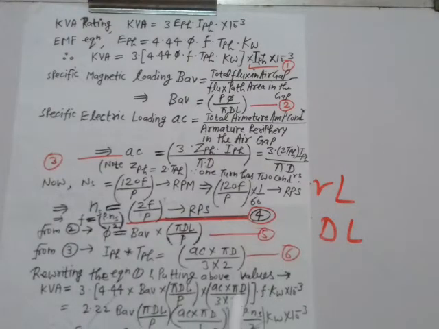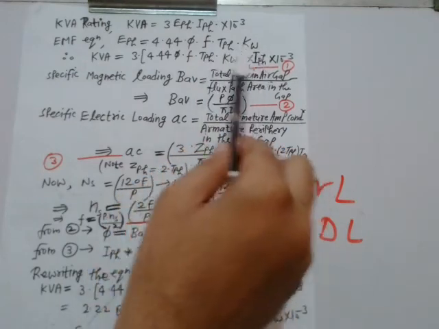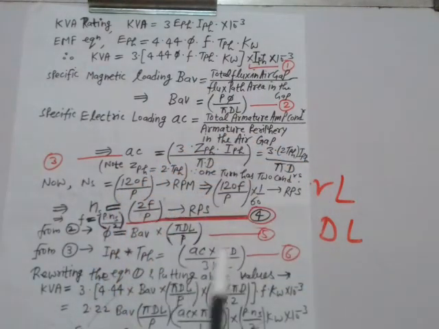Now AC into pi D by 3 into 2 is basically I phase into T phase, so in place of I phase into T phase you put this value, and the remaining is f into Kw into 10 to the power minus 3, right?